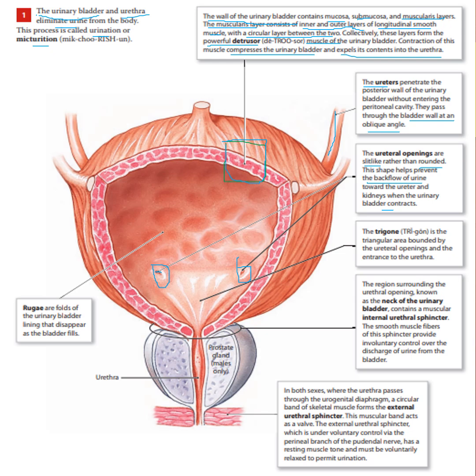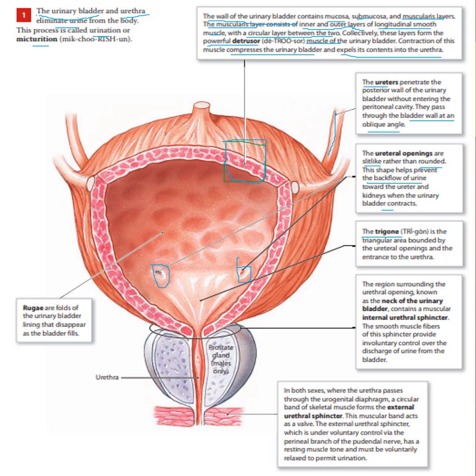And the ureteral openings are slit-like instead of round. So at the time of contraction they get flat, and it prevents the backflow of the urine into the ureter or kidney.